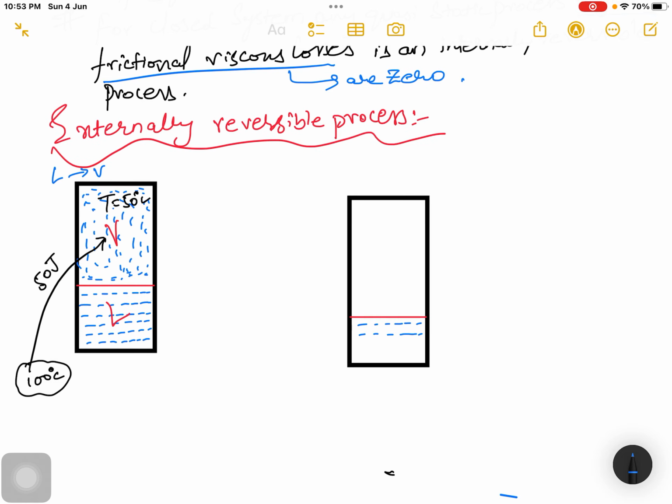Guys, please understand carefully, this is a hectic concept. The level of vapor increases.